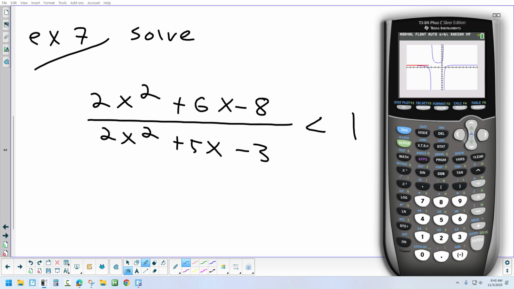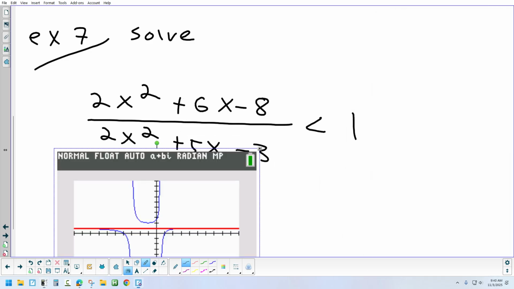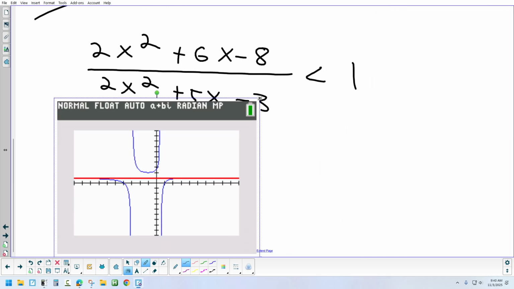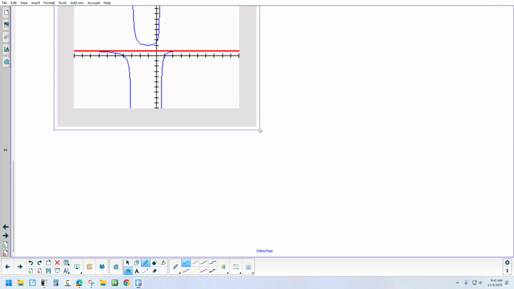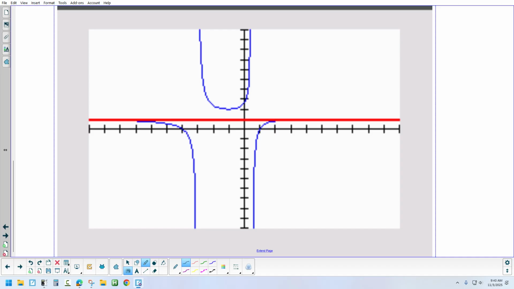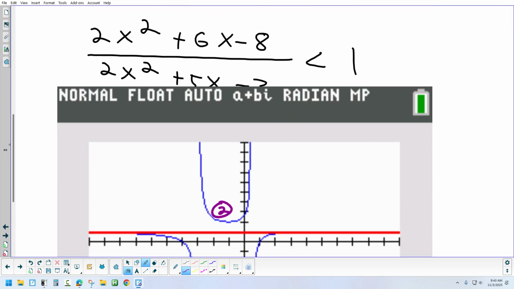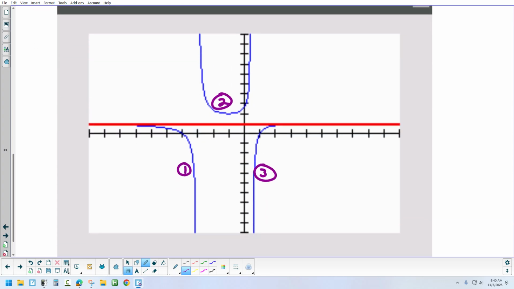Okay, so there's our graph. Let's take a look at that. This graph is in 3 pieces. Let's look at piece 1, 2, and 3. We want to know where we are under the red line. Let's look at piece 2.